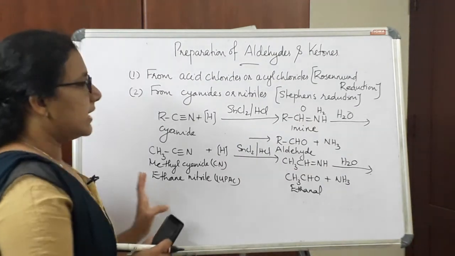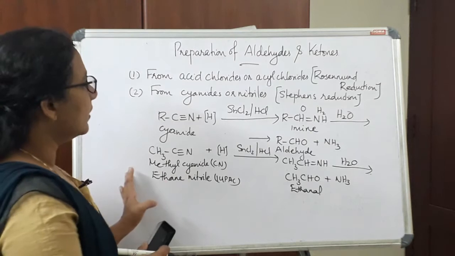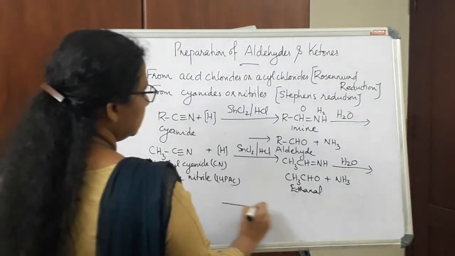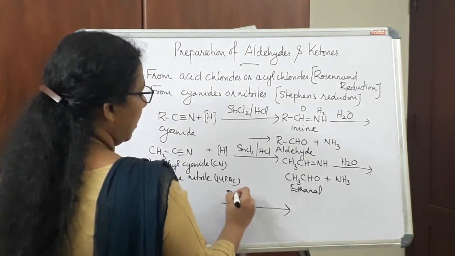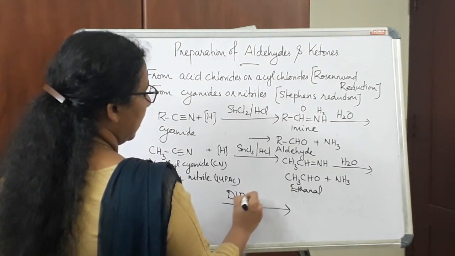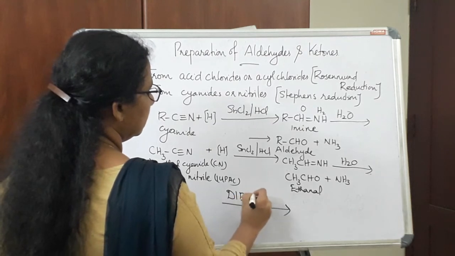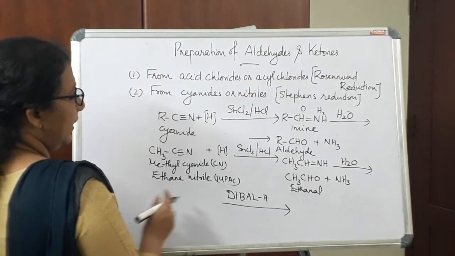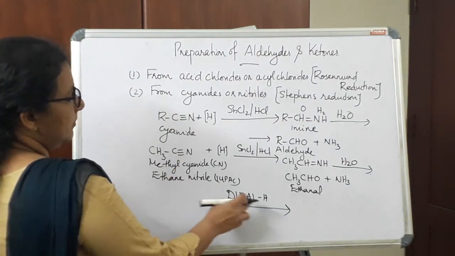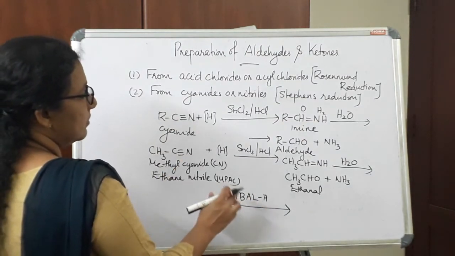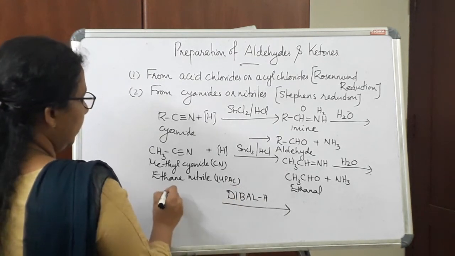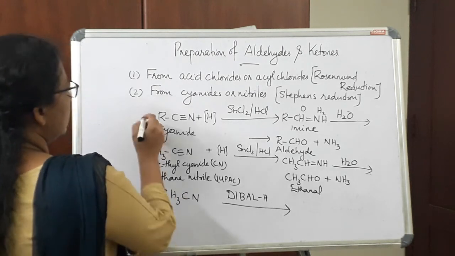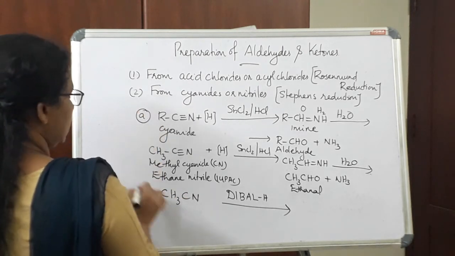The same procedure will happen if we use another reducing agent, diisobutyl aluminium hydride. This is another reducing agent where the same reaction happens, but the reducing agent is different. That is the only difference. If you take CH3CN, this may be the first type.